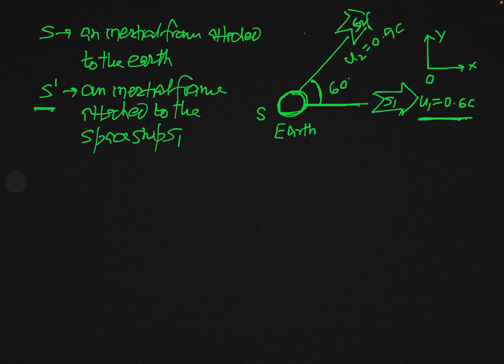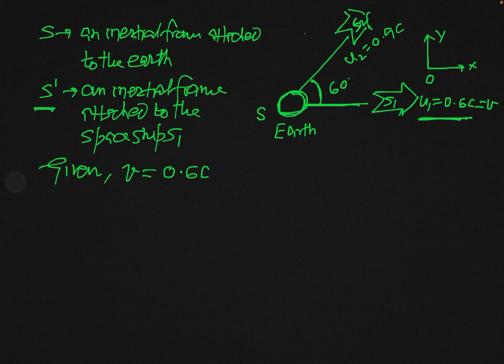So this is just the velocity of the moving frame, and we denote it by the symbol V. V means the velocity of the spaceship S1 with respect to the Earth, and here S1 is treated as a moving inertial frame. So this V is given as 0.6 c.